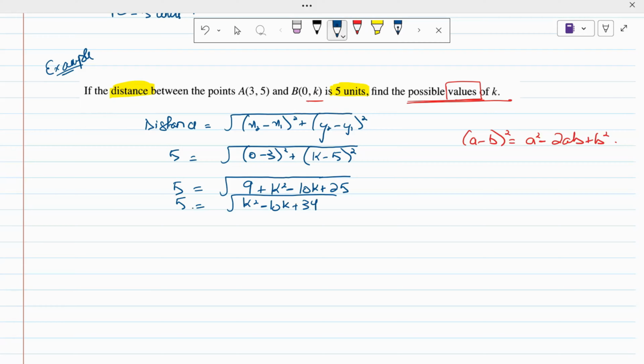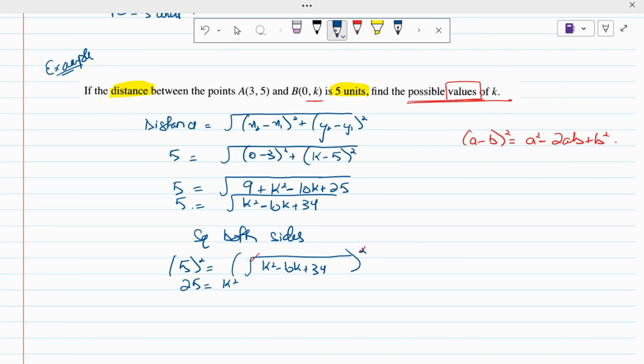Now the thing is, we have this square root here, and whenever we have to remove the square root, we always square both the sides. So square both sides. That would give us 5 whole square is equal to (k square minus 10k plus 34) whole square. This square would be cancelling the root. 5 square, that's 25, is equal to k square minus 10k plus 34.